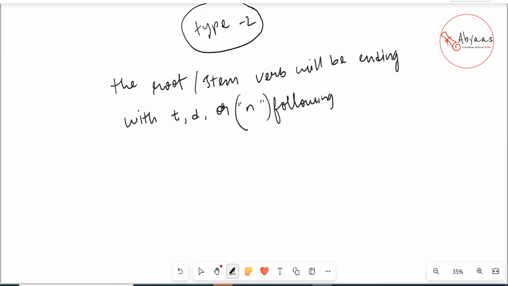So with n, this rule is applicable, following a consonant sound. If there is any vowel sound affecting this n, it will fall under first type.